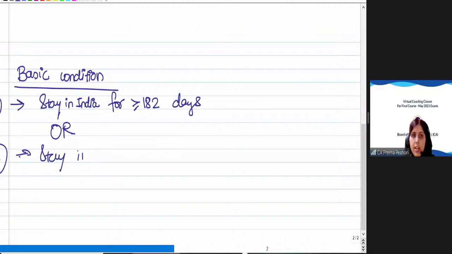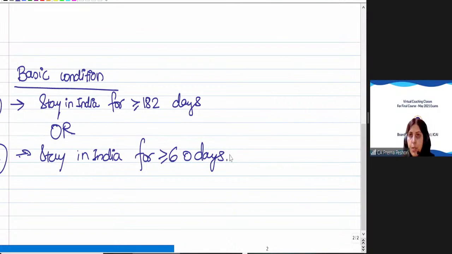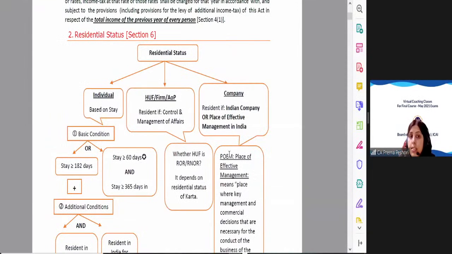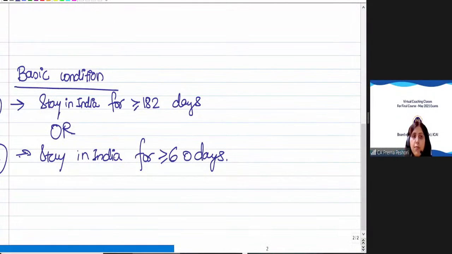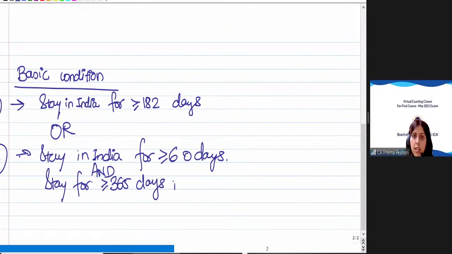Stay in India for greater than or equal to 60 days during the previous year, and stay for greater than or equal to 365 days in the last 4 previous years.